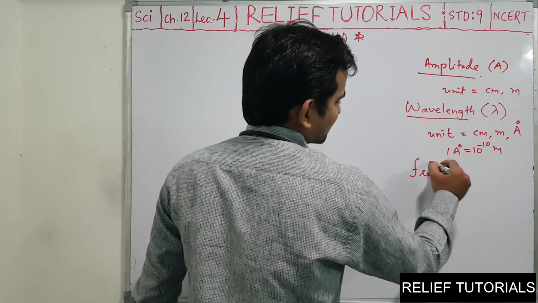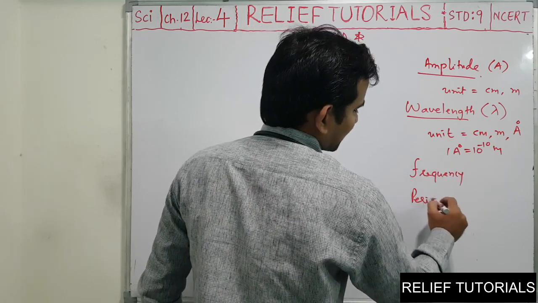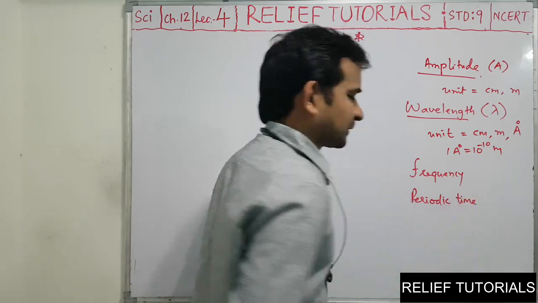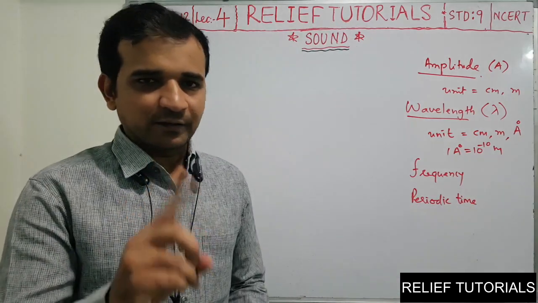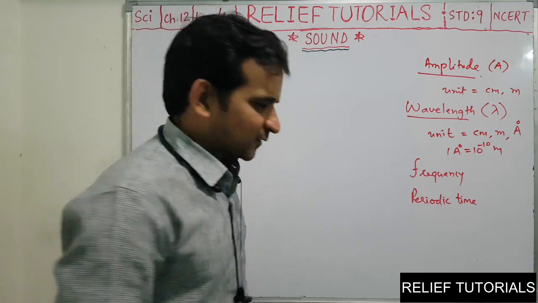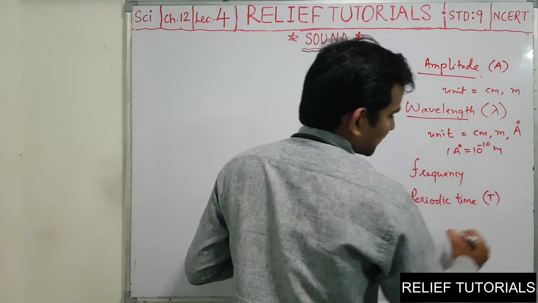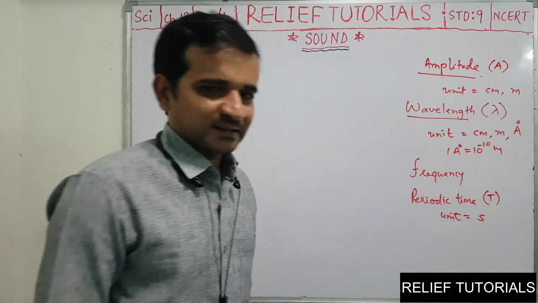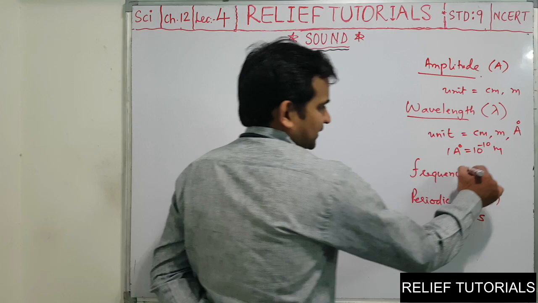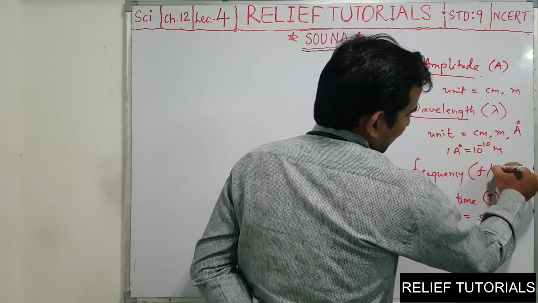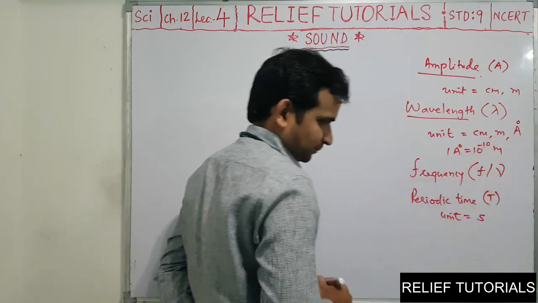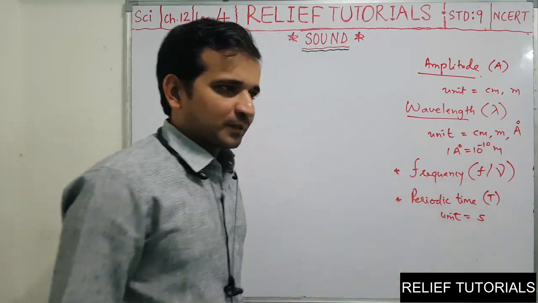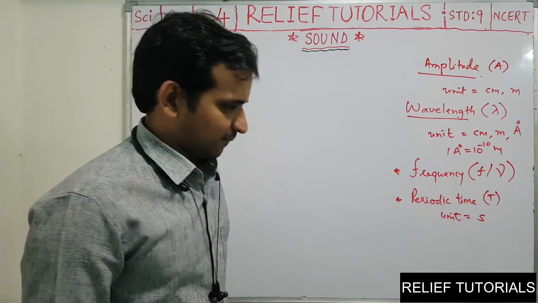Then we have seen periodic time, or time period. Periodic time means the time required to complete one wave, symbolically T, and its unit is second because it is simply time. Frequency is symbolized by f or nu. Frequency means the number of waves completed in 1 second.